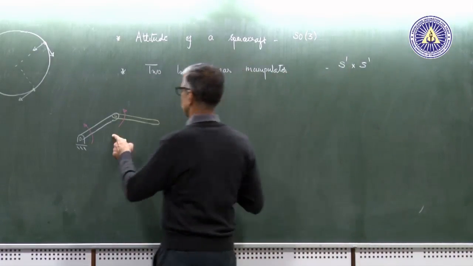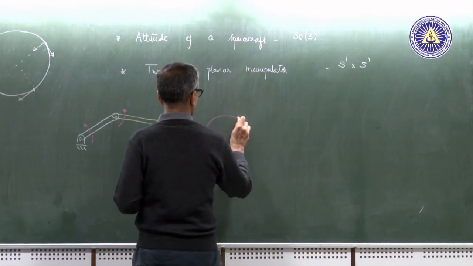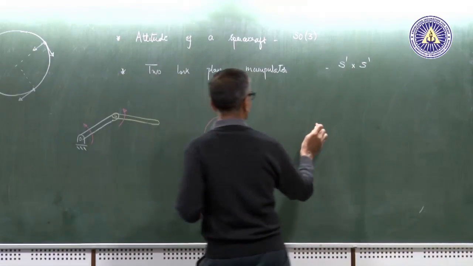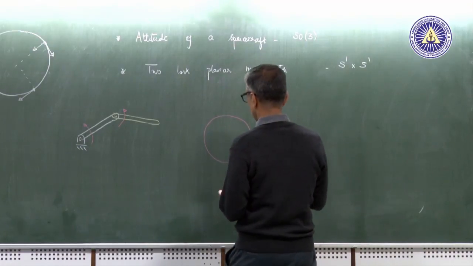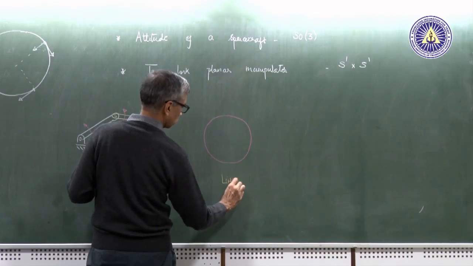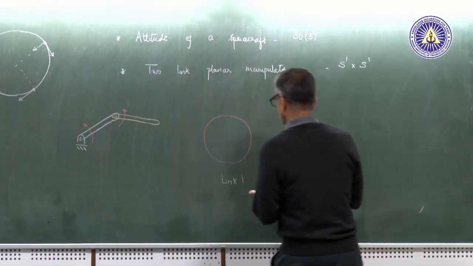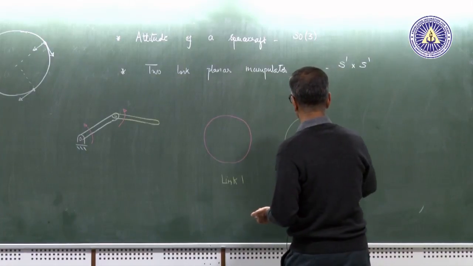So, if you talk of two circles, this is for the first link, this for the second link.